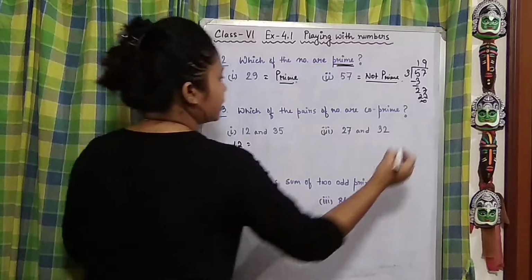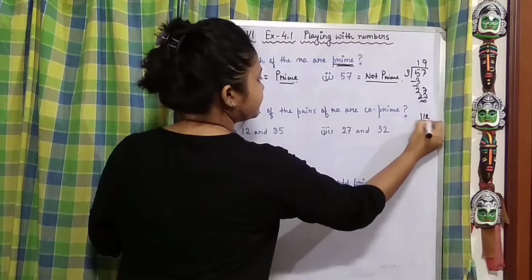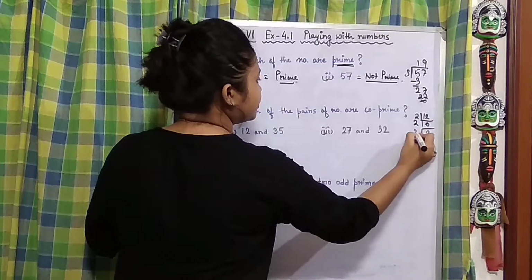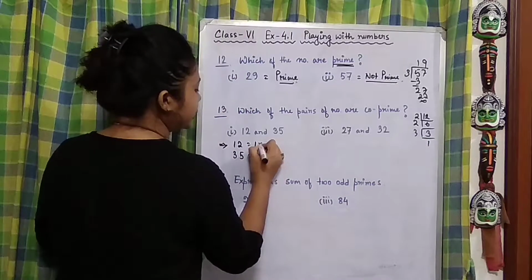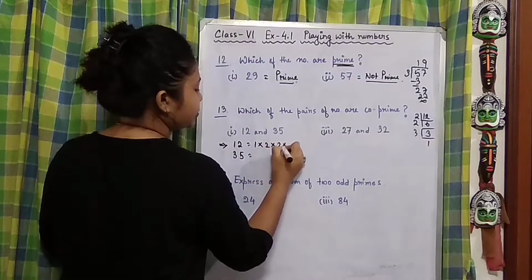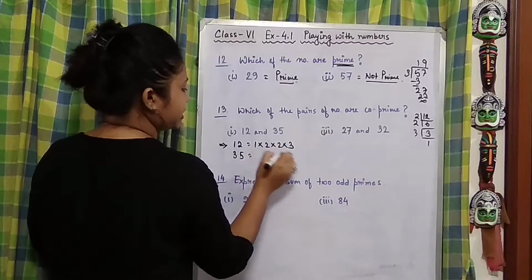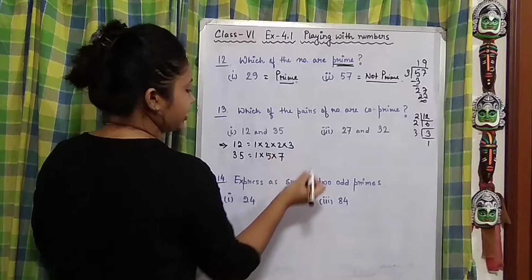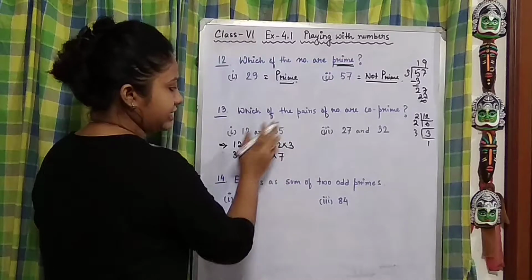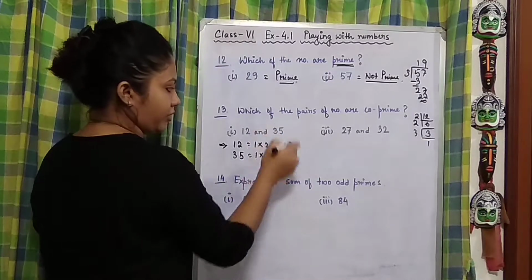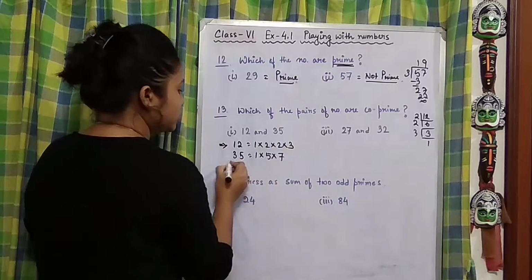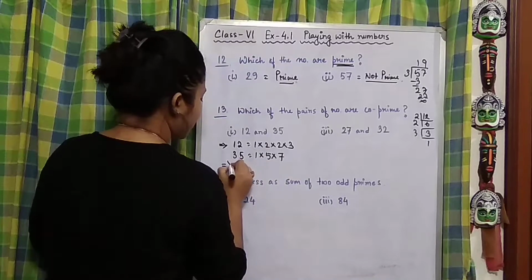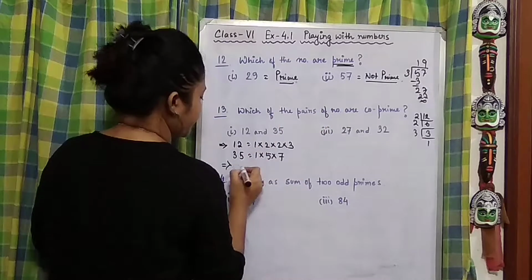For 12, 2 sixes are 12, 2 threes are 6, 3 ones are 3. So 1 into 2 into 2 into 3. Once again for 35, 1 into 5 into 7. So is there any common factor among these two numbers? No. So yes, they are co-prime numbers or a co-prime pair.